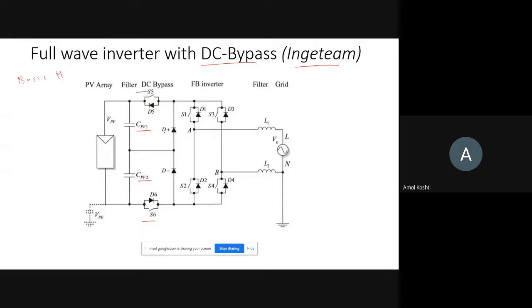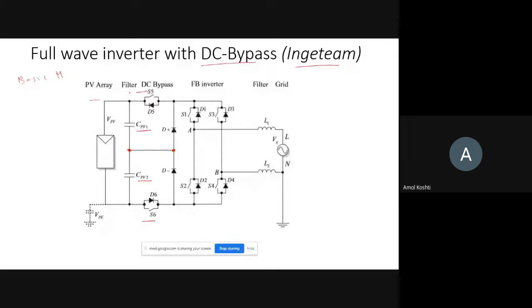And they have added two diodes here in series, and at the midpoint of CPV1 and CPV2 and this D plus and D minus, they have referred to this as the neutral point.